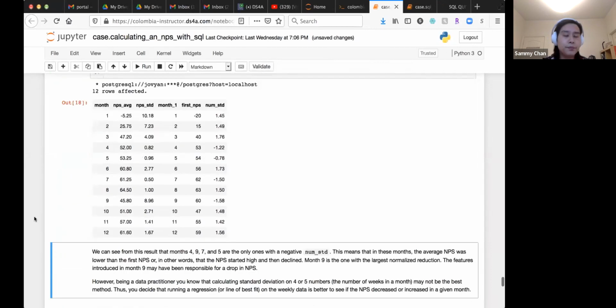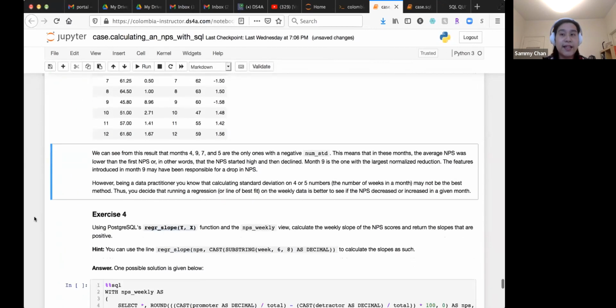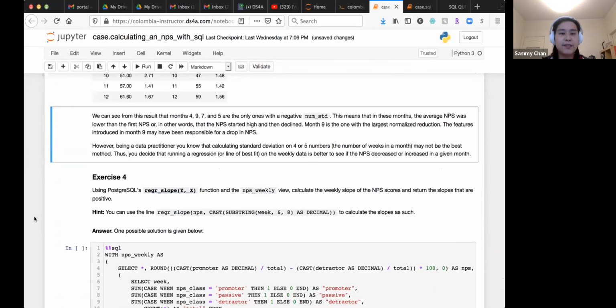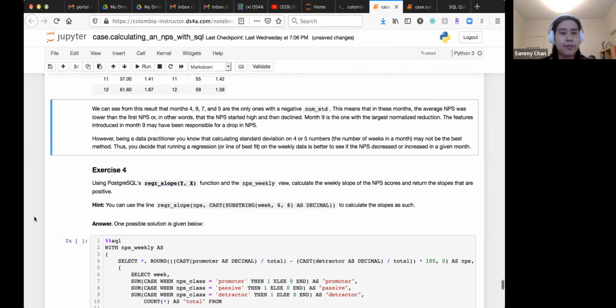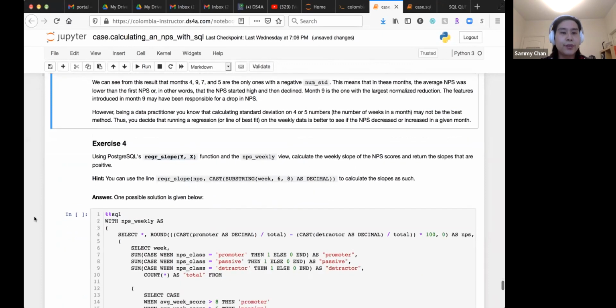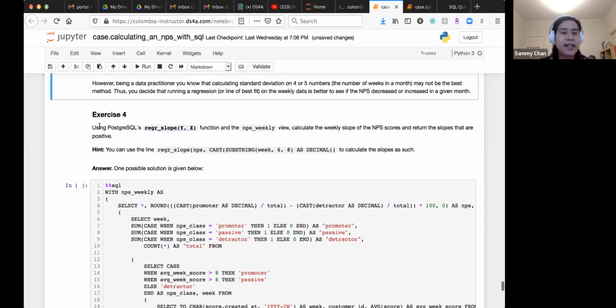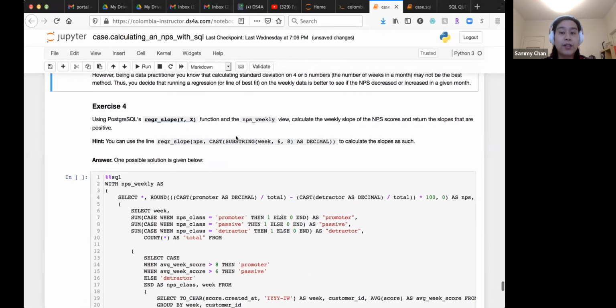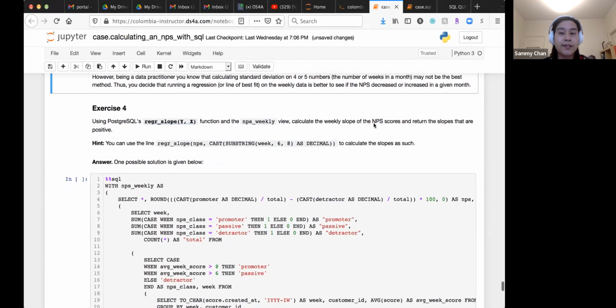So the last exercise, this is really pretty advanced. So here it is asking us to use the slope to calculate the weekly slope of the NPS, and return the slopes that are positive.